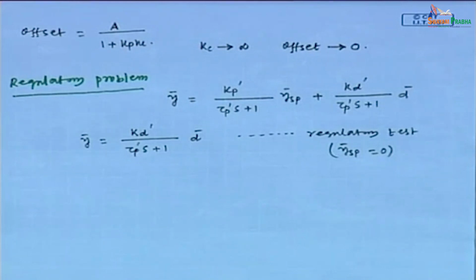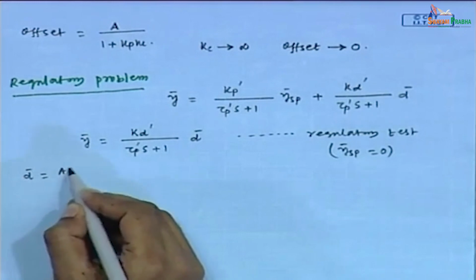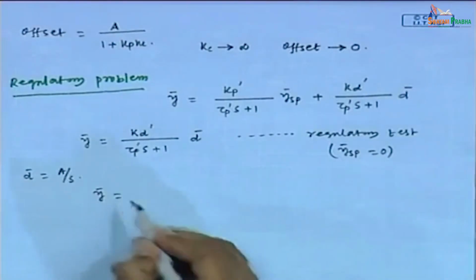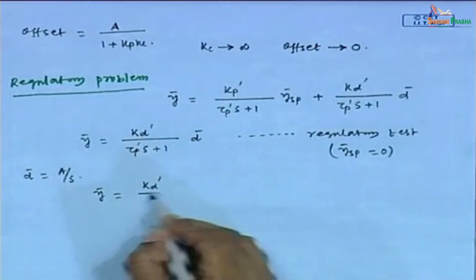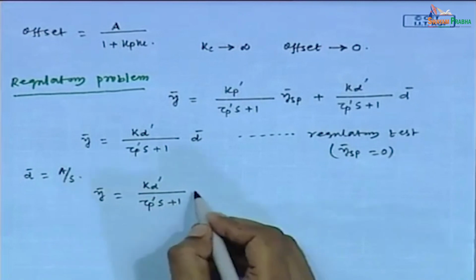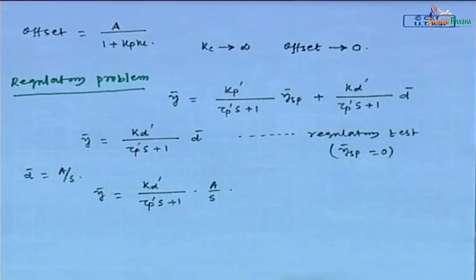Similarly, we will consider a step change in the disturbance with a magnitude of A. We get the closed loop transfer function as y bar equals k d prime divided by tau p prime s plus 1, multiplied by A by s.